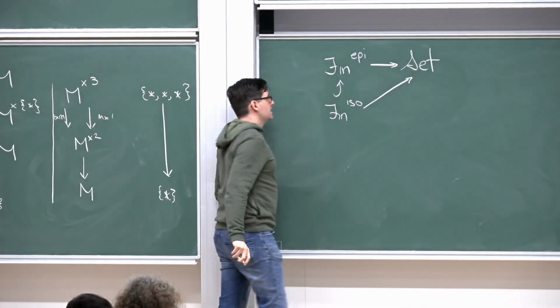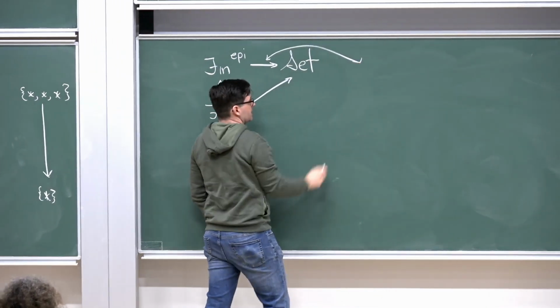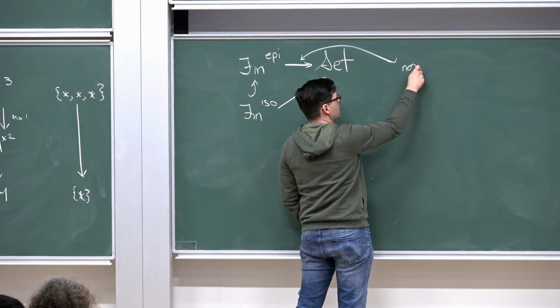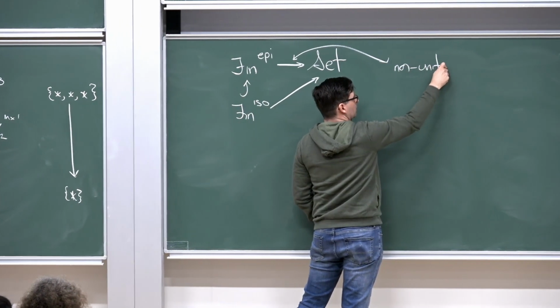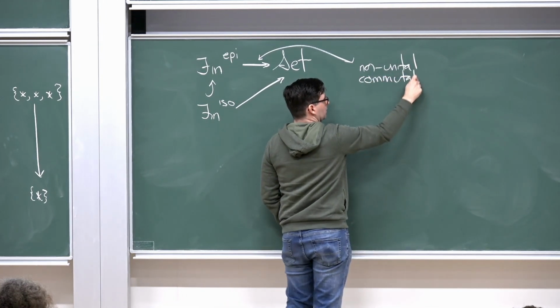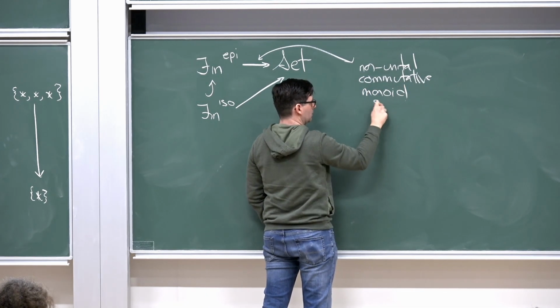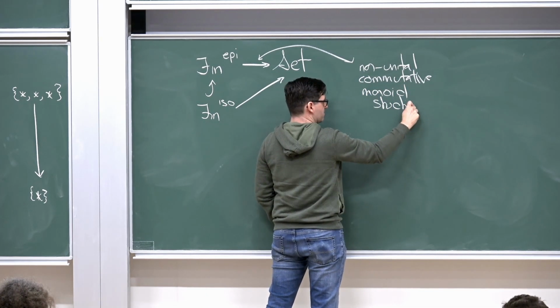So this is my given thing, and this extension is the same data as a non-unital commutative monoid structure on M.